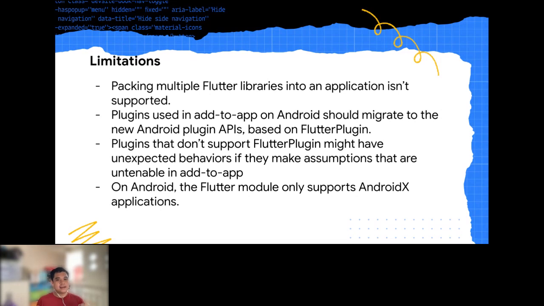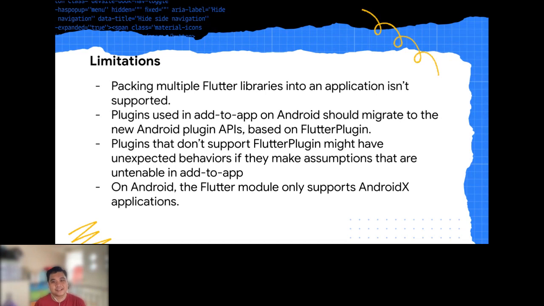And then if you have a plugin that is using add to app on Android, it should be migrated to the new Android plugins, based on the Flutter plugin itself. So if you have old plugins that you want to use in add to app, you will need to make sure that the Flutter plugin for Android is already using the newest Android plugin APIs.